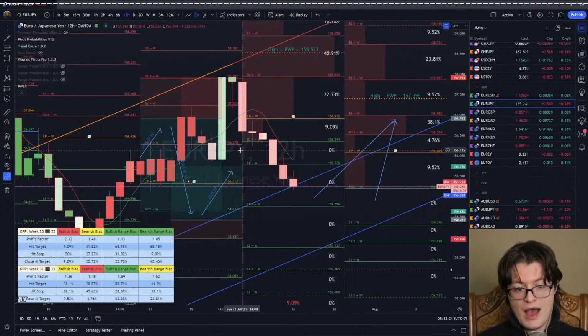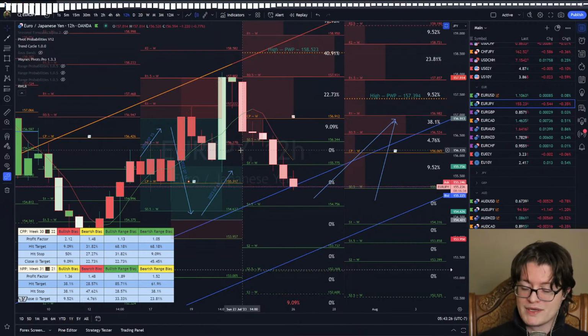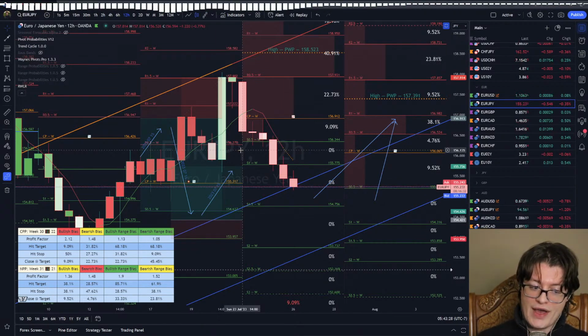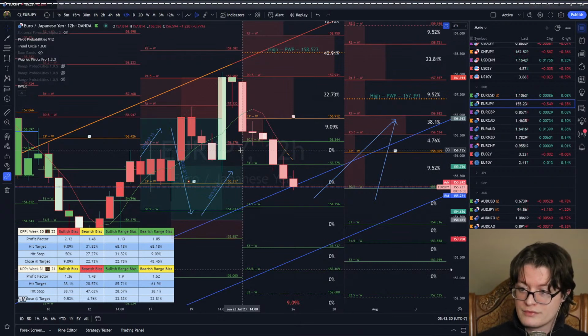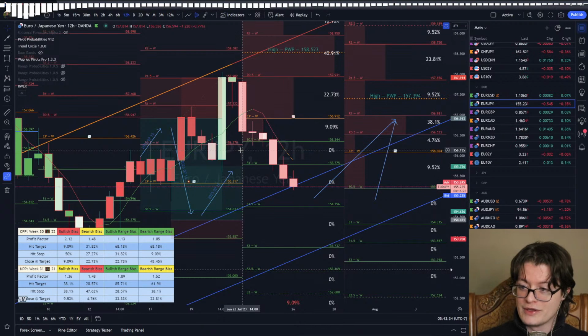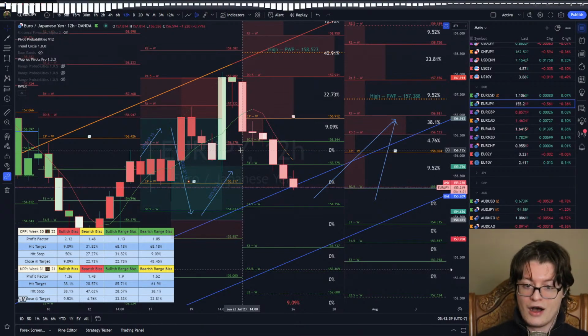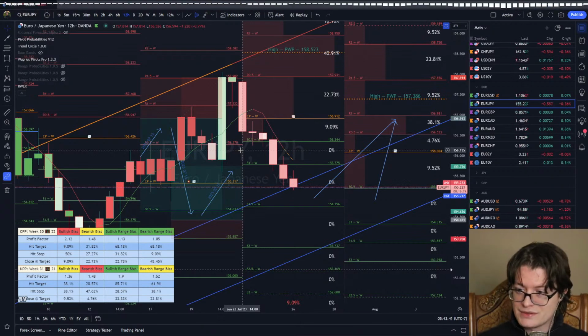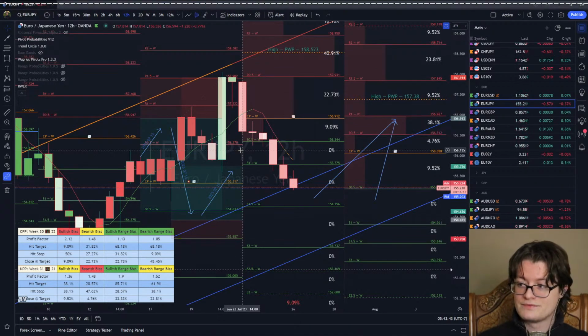Sure, I can do that because I have tools that can be supportive of intraday trading. And I very, very frequently have done great trades with these indicators on a day-to-day basis. Really great stuff.